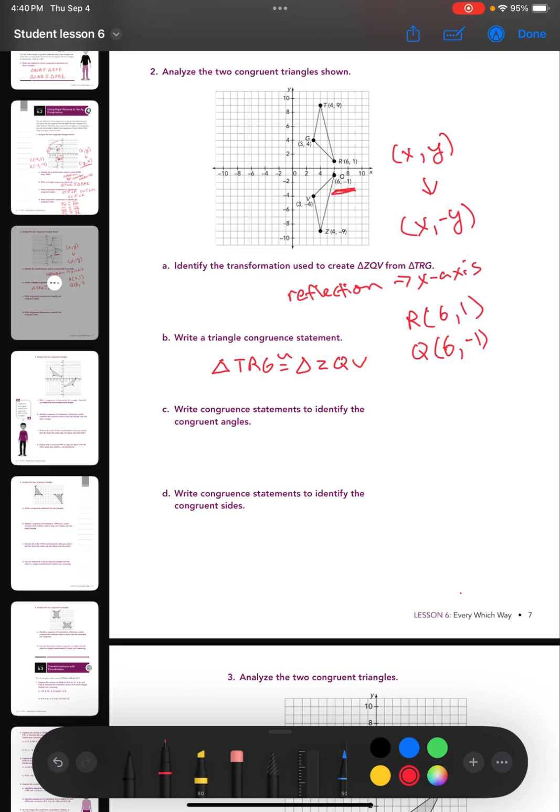For angles, we could say angle T is congruent to angle Z. If we wrote the triangle congruency right, T to Z, you should be able to match up R to Q and G to V. Similarly with sides, we could say side length TR is congruent to side length ZQ.